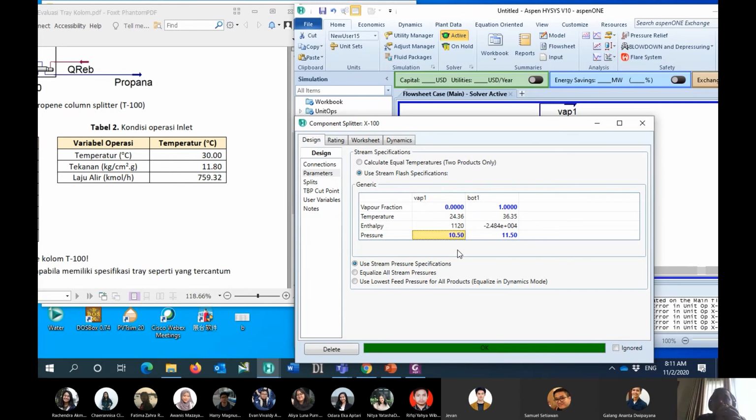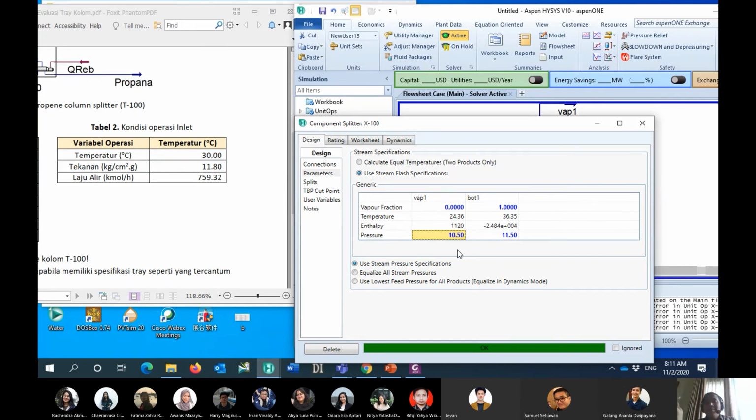There is a slight amount of liquid present when you return the fluid from the reboiler back to the column. So it depends on the type of reboiler that you use for the operation. But if you use a pure reboiler, then 100% of the liquid will become vapor.